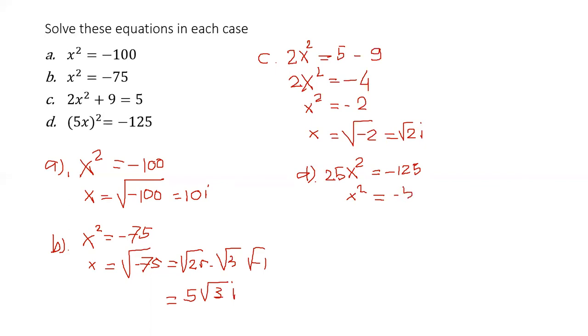Like this. So x equals square root of negative 5, equals square root of 5 times square root of negative 1. It's going to be square root of 5 i. This is the solution. So very simple.